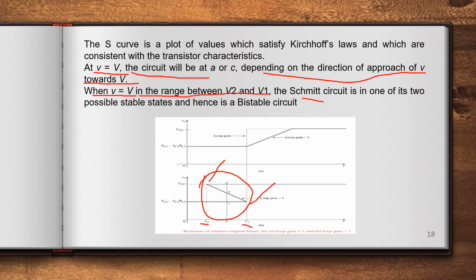The Schmitt trigger circuit is in one of its possible states, and hence it is a bistable circuit. As long as the input voltage is in the range V1 and V2, the Schmitt trigger will have two stable states and acts as a bistable circuit. This is the working and operation of the Schmitt trigger circuit.